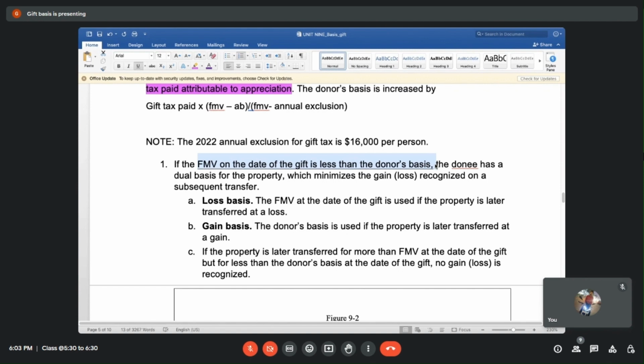Fine, that is understood. The fair market value is lower. But if it is given to a donee, okay, person A gives a gift to person B, in this situation, when fair market value is lower than A's cost basis or adjusted basis, and later on B decides, okay, I want to sell those stocks.